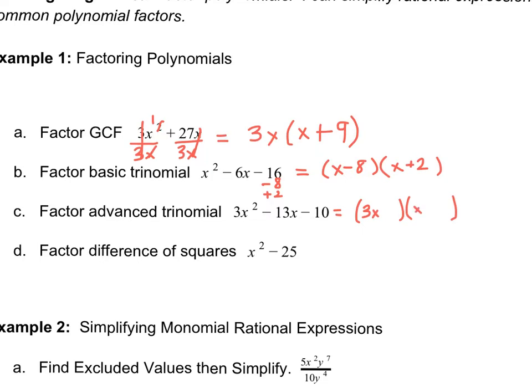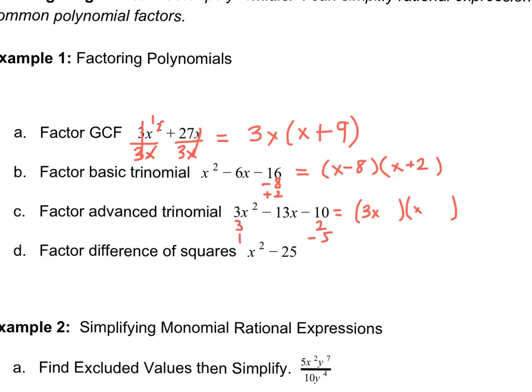My last term is negative 10. So thinking how FOIL works, I have to have the second terms of my binomials multiply to negative 10. So something like positive 2 and negative 5. So my first terms, I have 3x and 1x.